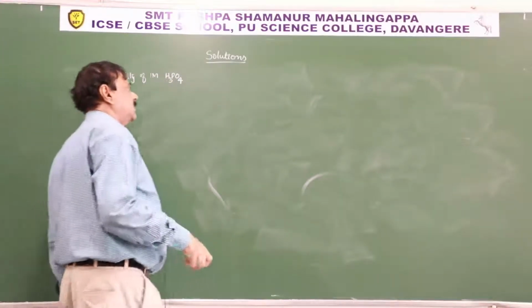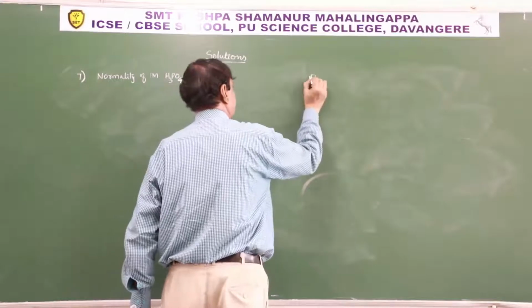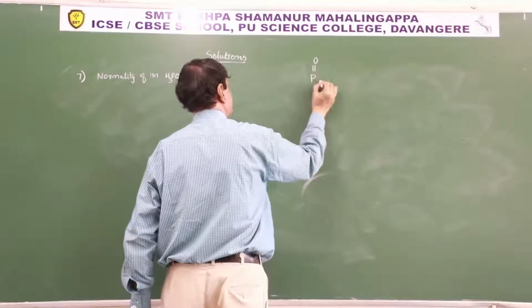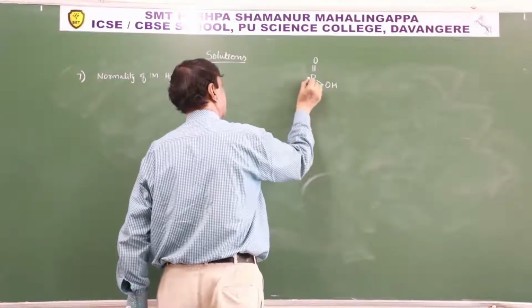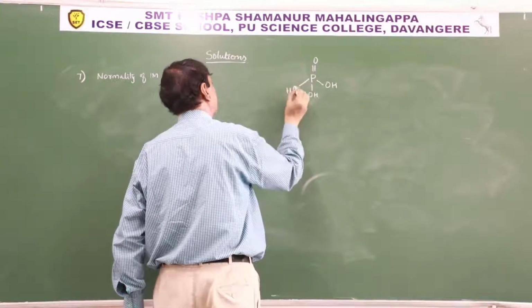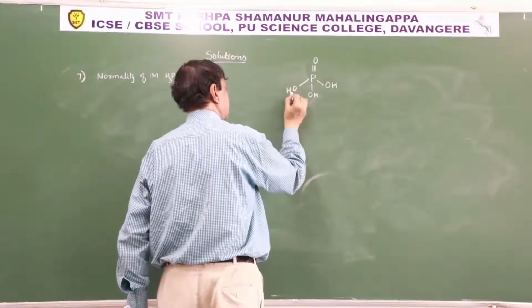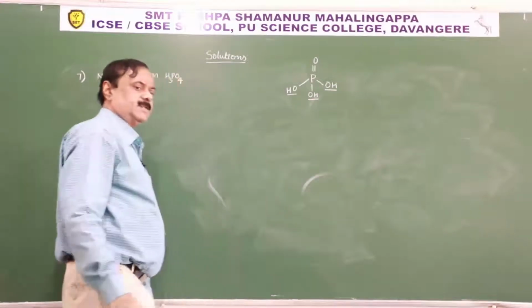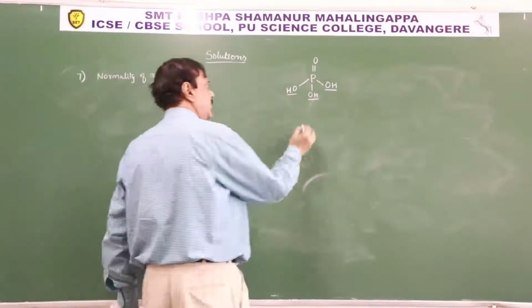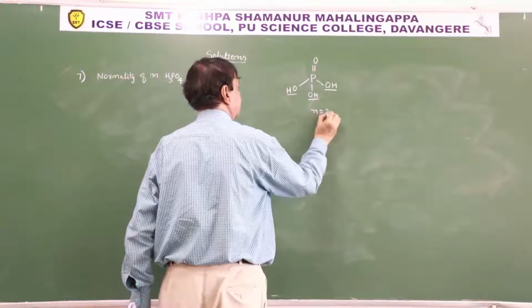Normality of 1 molar orthophosphoric acid. This is the structure of orthophosphoric acid. Here the basicity of an acid is the number of OH groups that it contains. Therefore, here the n factor is equal to 3.